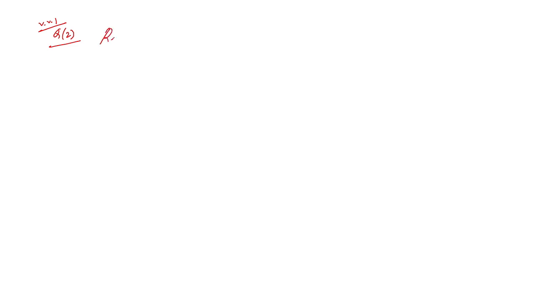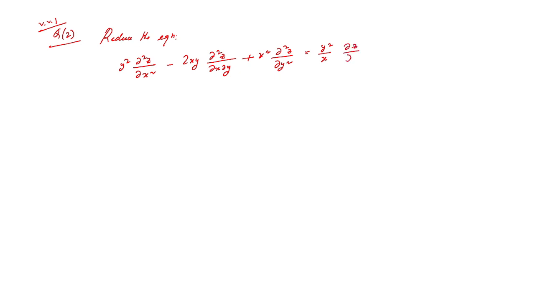The example is reduce the equation y square del 2 z del x square minus 2xy del 2 z del x del y plus x square del 2 z del y square, this is basically y square by x del z del x plus x square by y del z del y, to canonical form and solve it.